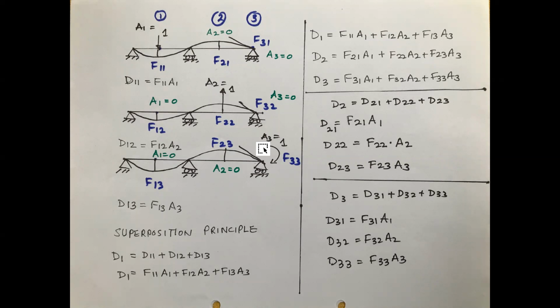So for A3 equal to 1, you have F13, sorry, F13 is where you want to calculate deflection, with unit action applied at 3. F23 is unit action applied at 3 and calculated at 2. F33 is unit action applied at 3 and calculated at 3.